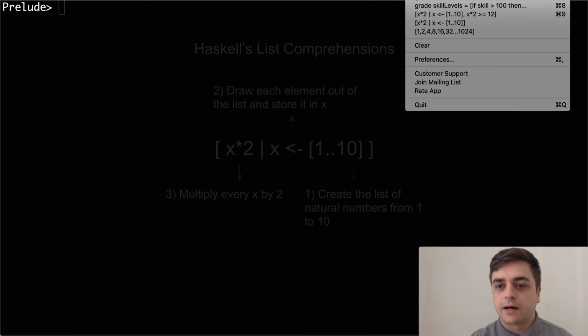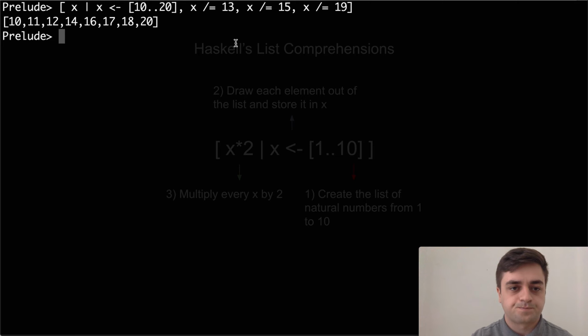So we have this example here, which has more than one predicate. So we're drawing down from a single list, but we're applying every single value of X to 3 predicates, right? So we're saying for the list between 10 and 20, I don't want X to be 13.